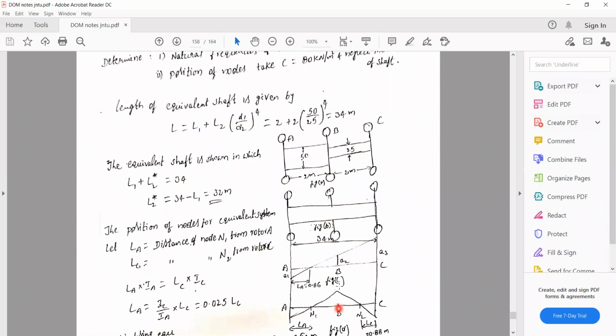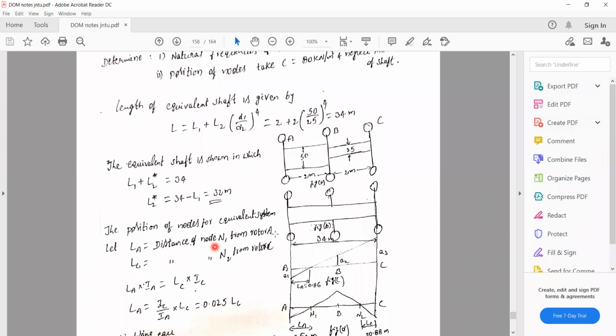Three rotors are there, and between the rotors we get one node at this place and one node at this place. So two nodes are arising. For getting their distances, that is LA and LC.